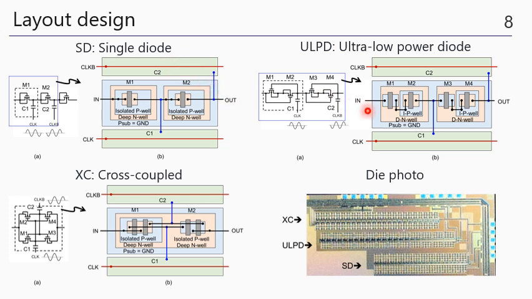Here's the layout design of the single diode ULPD XC, and we have the triple well process and how every transistor is implemented as shown like this.